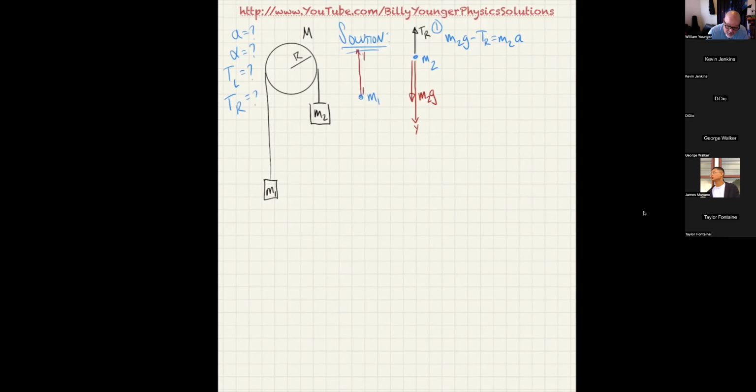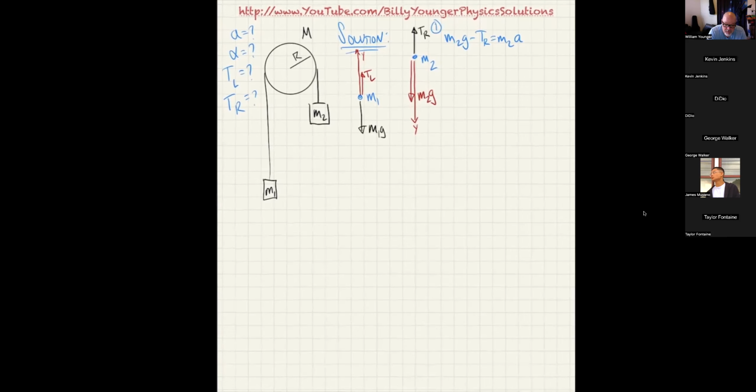This has a tension T left acting on it, and a force M1G. So Newton's second law gives me T left minus M1G is equal to M1A. I'm going to call that equation 2.